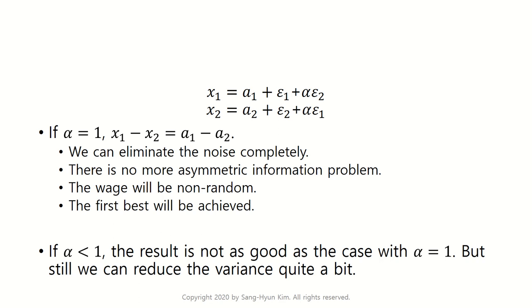You are thinking whether you can improve your situation by deviating from 1 over C. And if you deviate, then you will be noticed directly because there is no noise. So if x1 minus x2 is not 0, that means one player deviates from the equilibrium, and that player will be punished. So in that sense, in equilibrium, there is no asymmetric information problem.